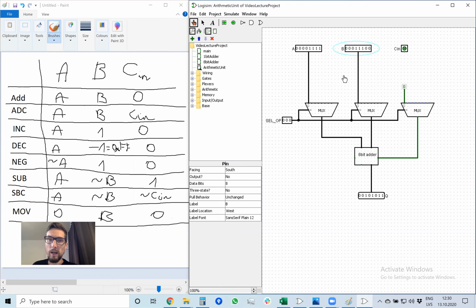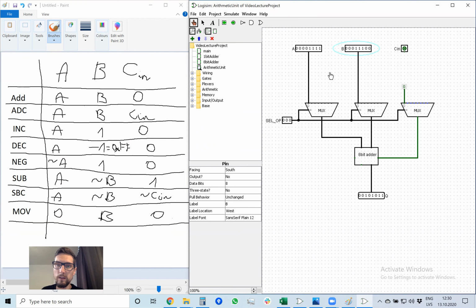Let's go ahead and perform this addition with carry. To add A, B, and carry, we need to select first input is A, next input is B, and the third input is carry in. And now when I select operation number 001, it adds these two numbers and it also adds carry.